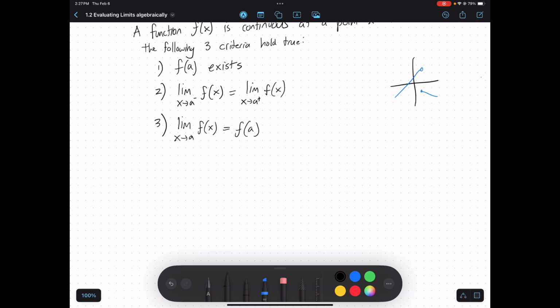If that's not true, we might end up with something like this, where you've got your function, and from both sides it's approaching the same thing, but it doesn't match what the function value is. Remember, we call this a removable discontinuity. So that third criteria has to be true in order for it to not be a removable discontinuity.